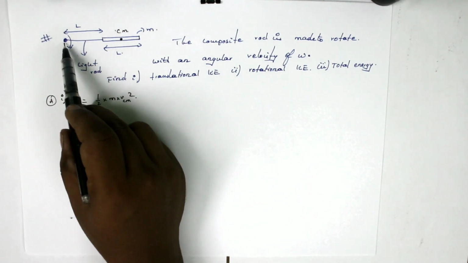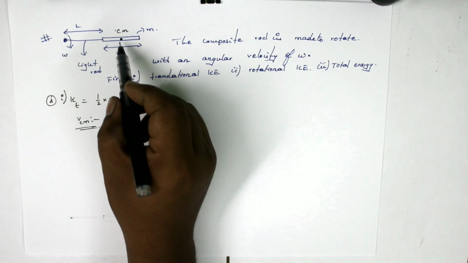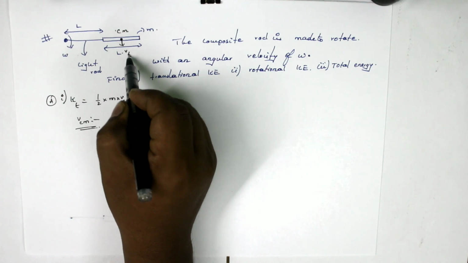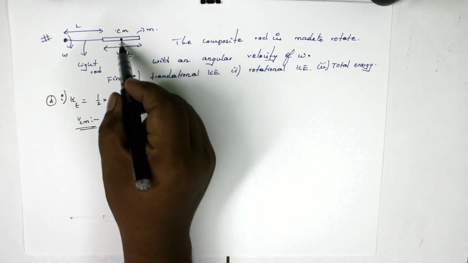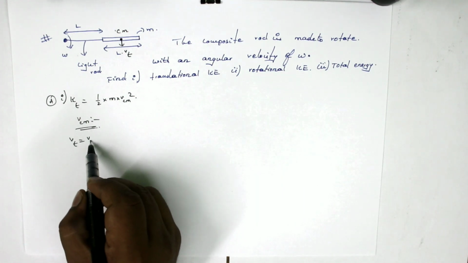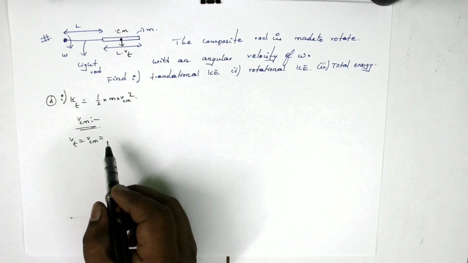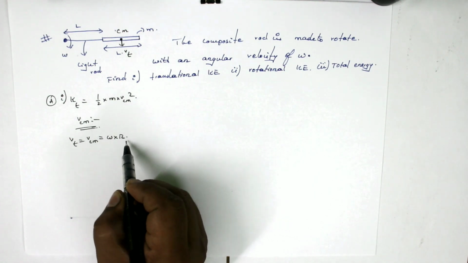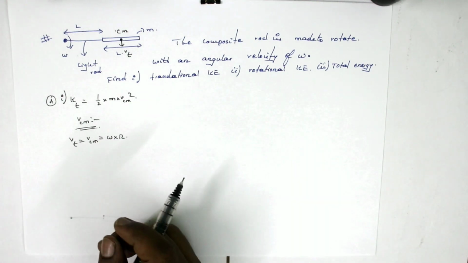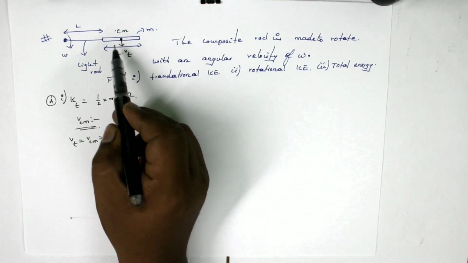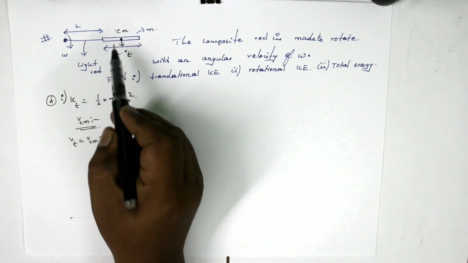If this is the axis of my rotation, then this velocity of center of mass will become the tangential velocity of this rod at this point. And we know that tangential velocity we have already written in an equation previously: V tangential is equal to omega into r, where r is the distance from the axis of rotation. Here this center of mass is at a distance of L plus L by 2.